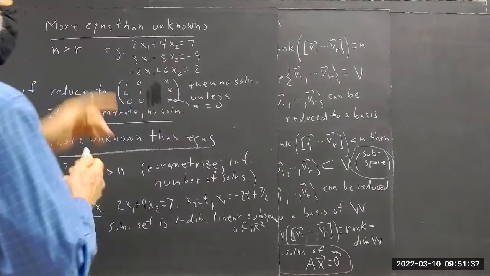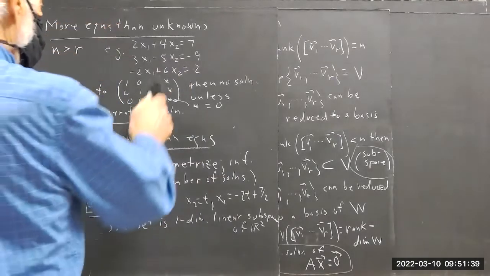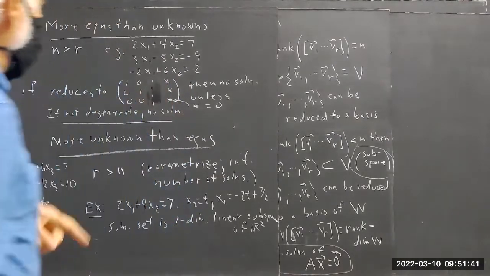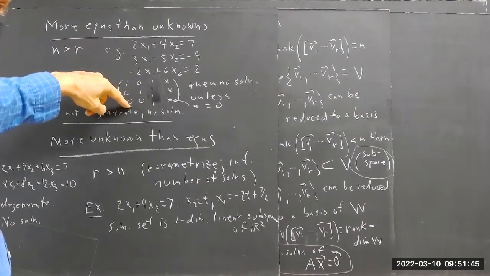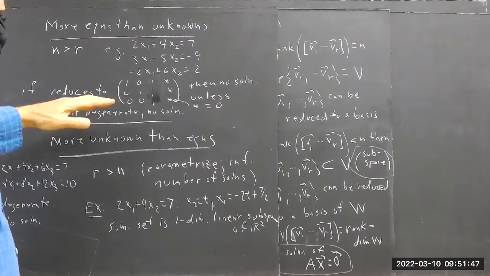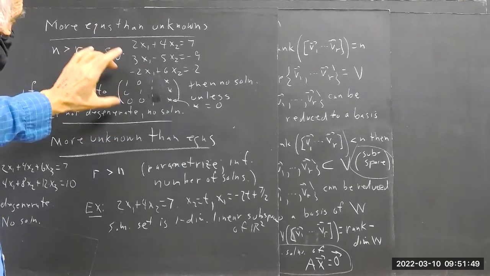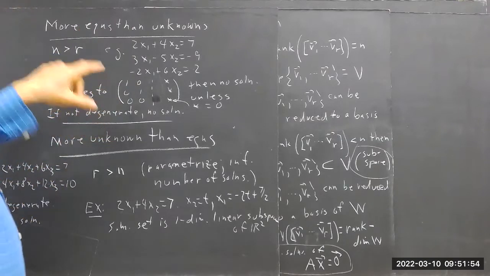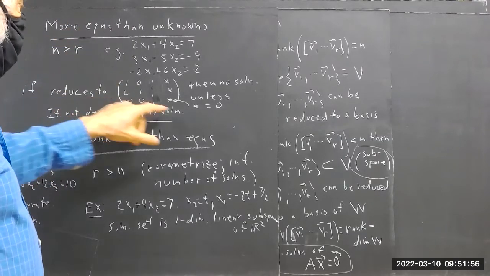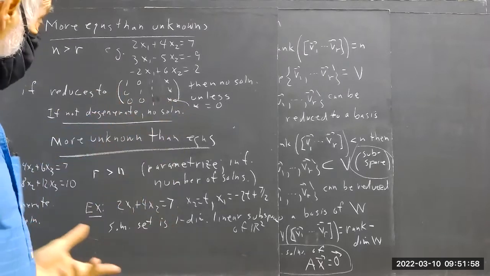Okay, here's a system of three equations and two unknowns. In general, you expect the coefficients over here to reduce in such a way, and of course I'm doing the augmented matrix, everybody knows how to do this. Okay, if the augmented matrix reduces to this and this isn't zero, then you don't have a solution.